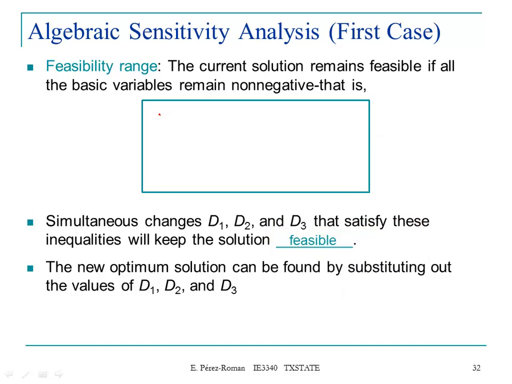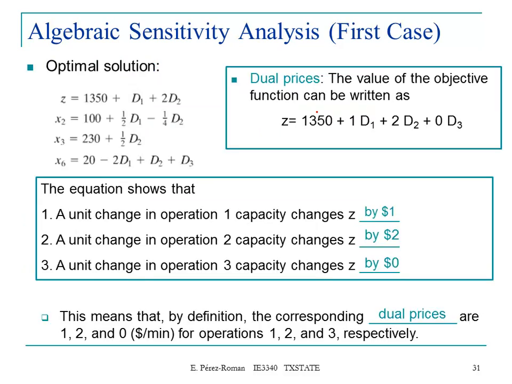That means that x2 equals 100 plus 1/2 d1 minus 1/4 d2. This is coming from here. x2 equals this.